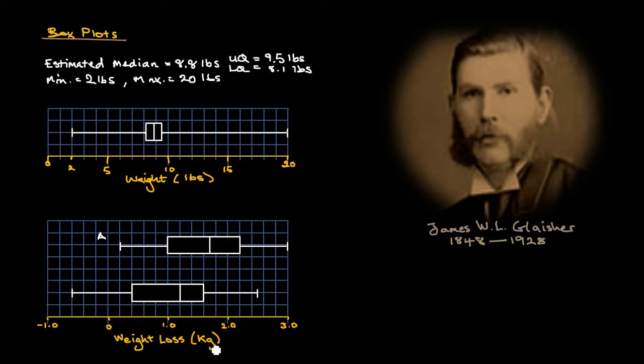The reason I've changed this quantity to weight loss is because it's a good example of a negative scale. So we have a 0 here, but we're going actually below 0 to -1. That's because it's possible that some people didn't lose weight, they might have gained weight, and we're just ending our scale here at -1 kilogram.